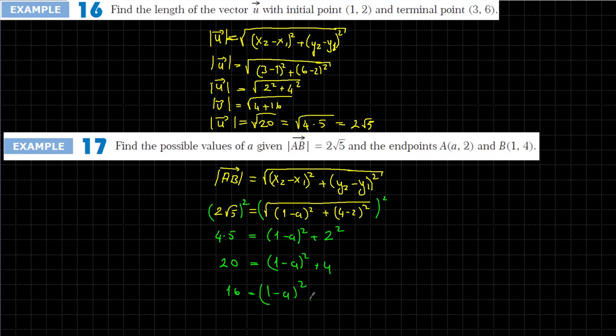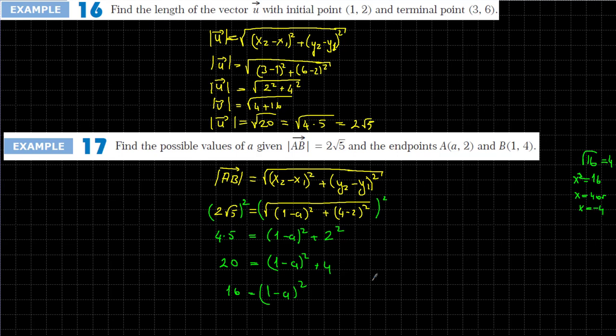And if (1 minus a) squared is equal to 16, you know, from the rules, if I ask what the square root of 16 is, it's equal to 4. But if x squared is equal to 16, then x should be equal to 4 or x is equal to minus 4.